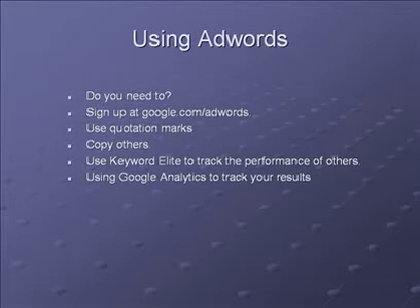Well, the problem with that is every time somebody types in winter into Google, your ad's going to show up. Every time somebody types in extreme, your ad's going to show up. And every time somebody types in sports, your ad's going to show up.